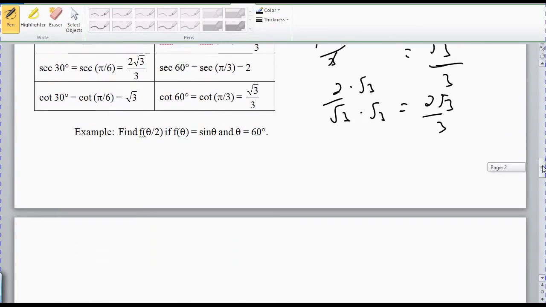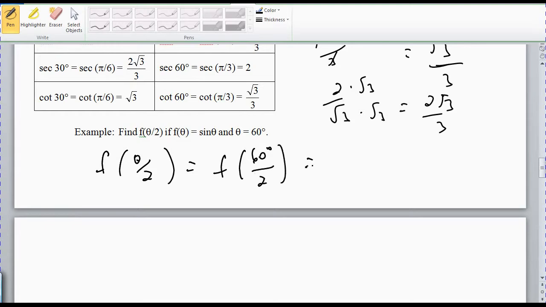Now let's do some examples. Function value, you're going to find f of theta over 2 if f of theta equals sine of theta and theta equals 60. Well, what all that means is f of theta over 2, well, theta is 60, so that's the same as 60 over 2, 60 degrees. And 60 degrees divided by 2 is f of 30 degrees.